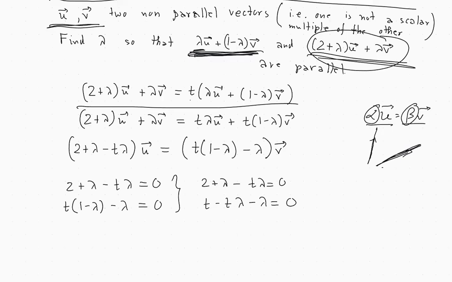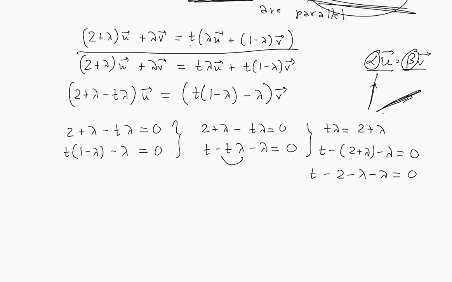And here we can solve the first equation for T lambda. So this will be 2 + lambda, and plug this into this one. That will give us T - (2 + lambda) - lambda = 0, which will give us T - 2 - 2 lambda = 0. And this will give us T is equal to 2 + 2 lambda.